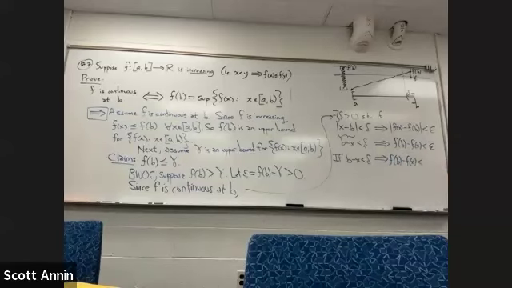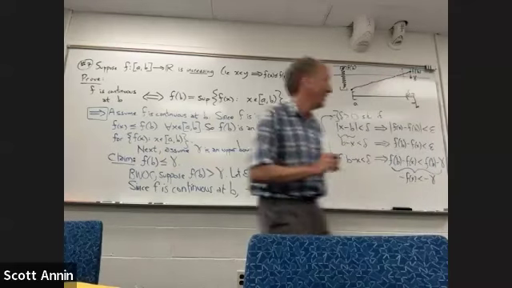So f of b minus f of x will be less than f of b minus gamma. And you notice the f of b's can be canceled from the inequality. I have f of b minus f of x compared with f of b minus gamma. So negative f of x less than negative gamma.